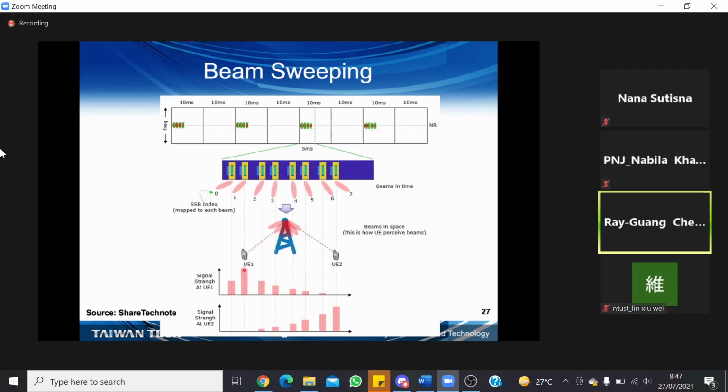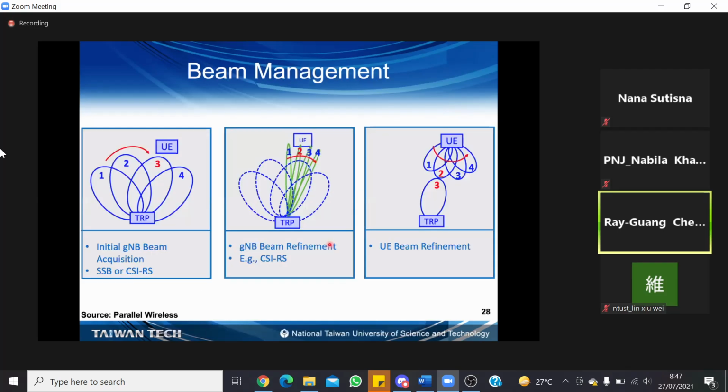For example, for UE1, you will find beam number 1 is a good signal. UE2 finds beam number 6 is a good signal. The user equipment will detect the best beam. They will know which one is better.